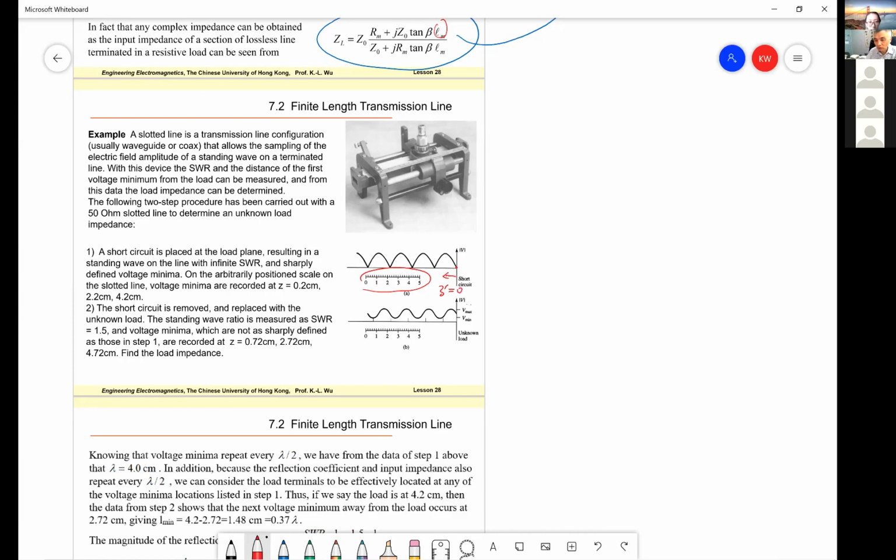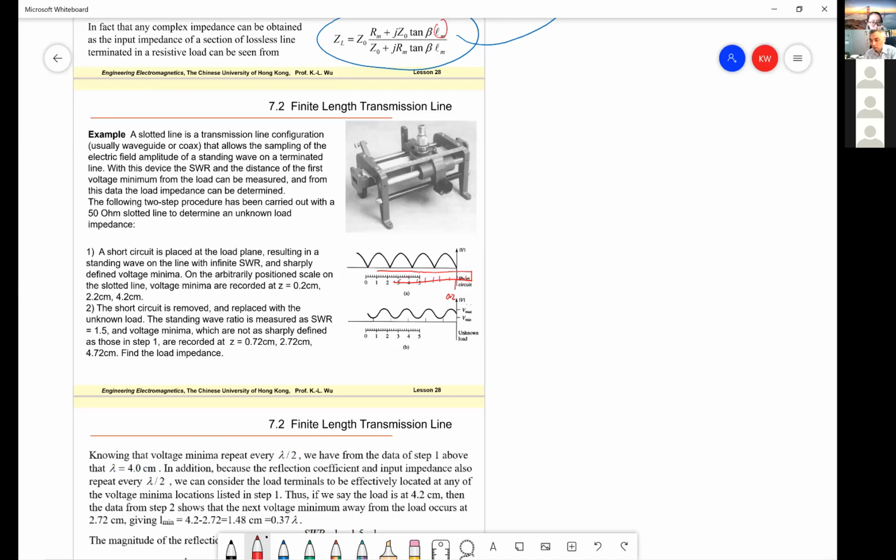This question tells you, when you put a short circuit, that means the voltage goes to zero. It is as if I put the ruler like this, this is a ruler, so this is 0.2, right?